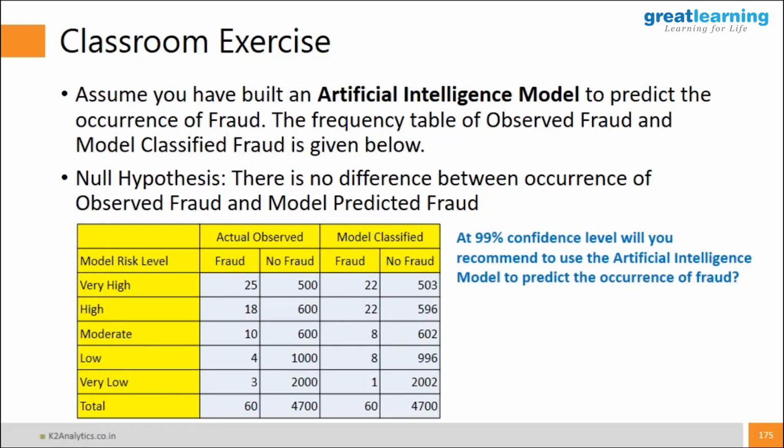Now, the problem statement I have is, I have created the model. Now my problem statement is, is the model fitting the actual? My objective is not to verify whether the individual variable in the model is significant or not. My objective now is whether the model overall, the outcome of the model, is fitting the actual.